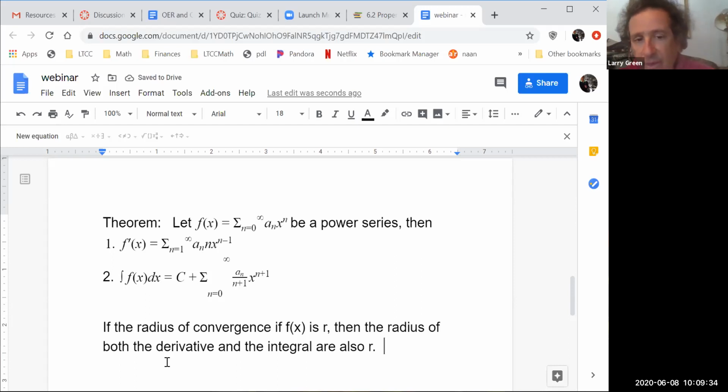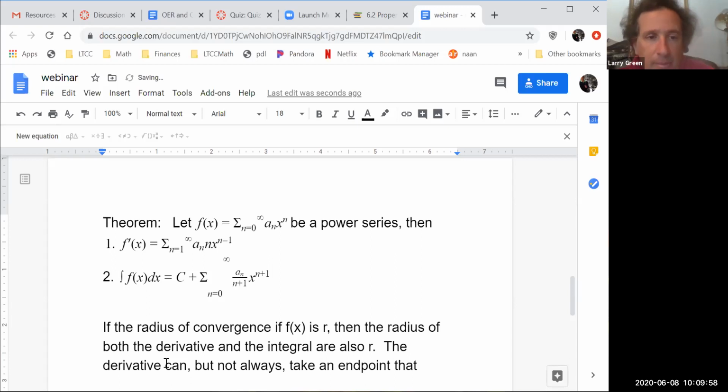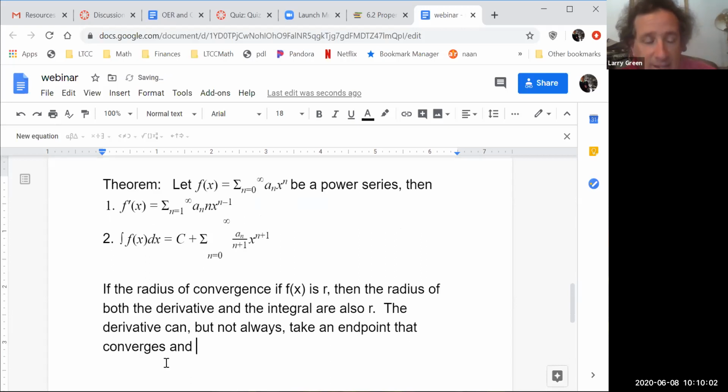Okay. The derivative can, but not always, take an endpoint that converges and make it diverge.